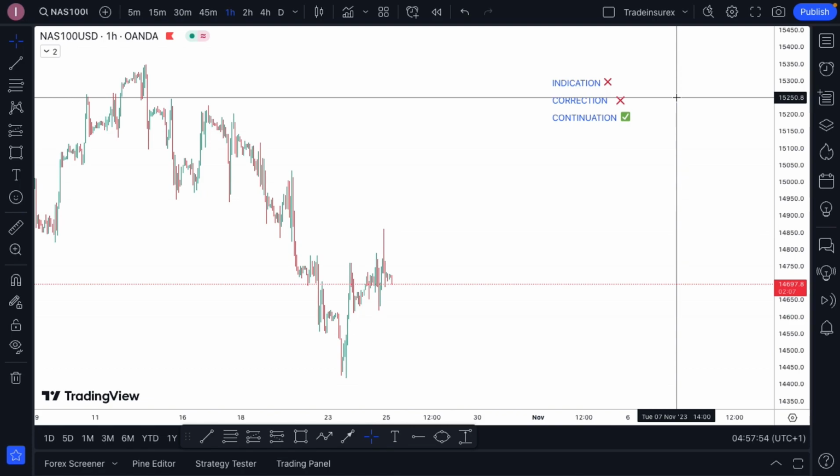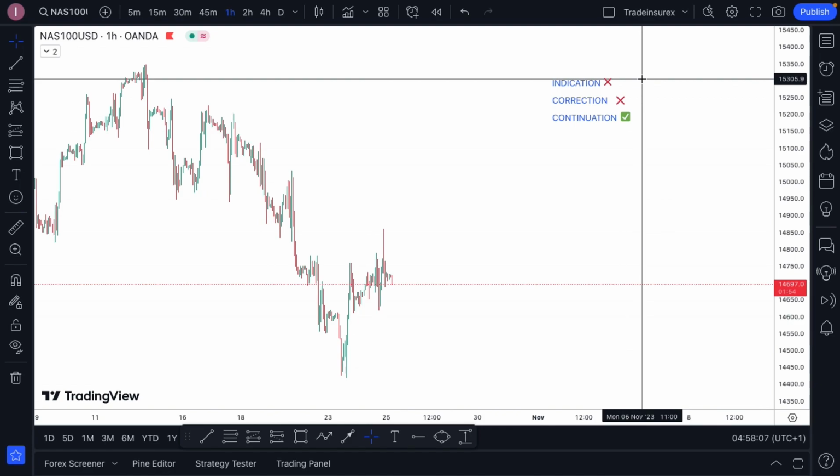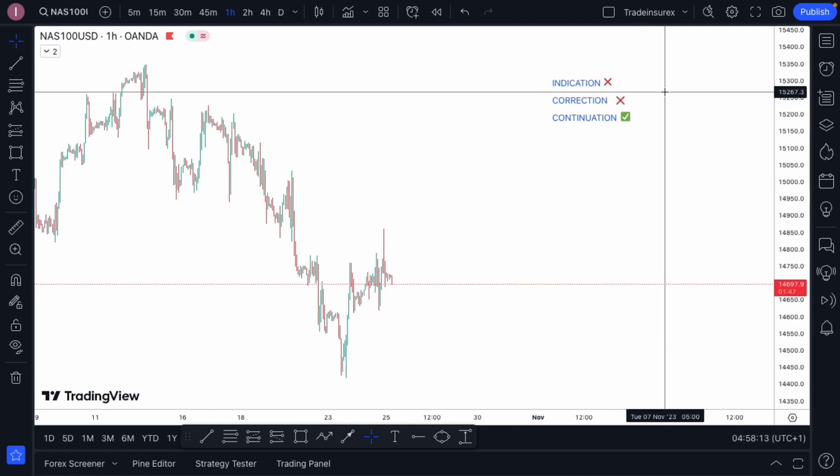It moves in uptrends and downtrends, higher highs and higher lows, or lower lows and lower highs, which indicates an uptrend or a downtrend, right? So the price gives you the indication, which is price telling you what it wants to do. Then it gives you the correction, because price doesn't move in a straight line, it has to correct before it keeps pushing up, right?